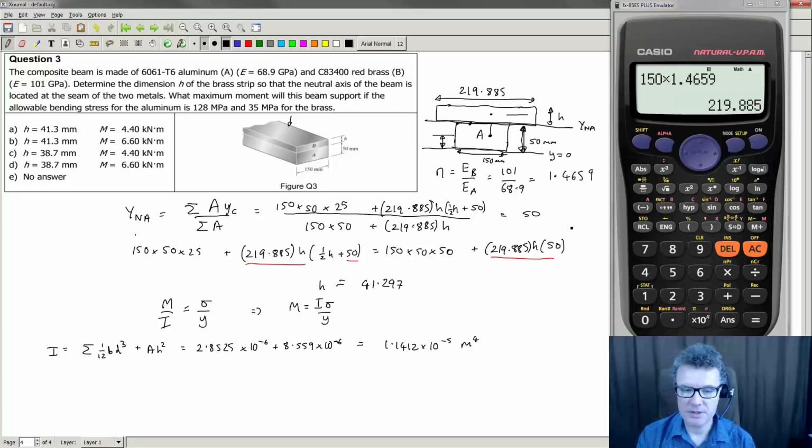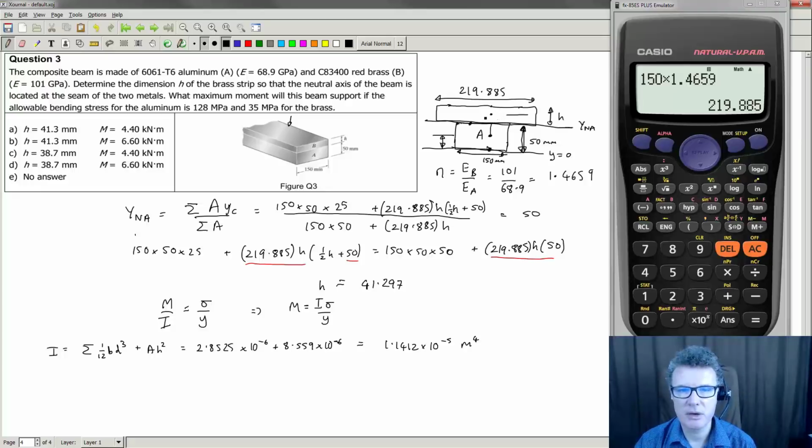The next thing is to work out what your bending moment is going to be in potentially either of these two sections.